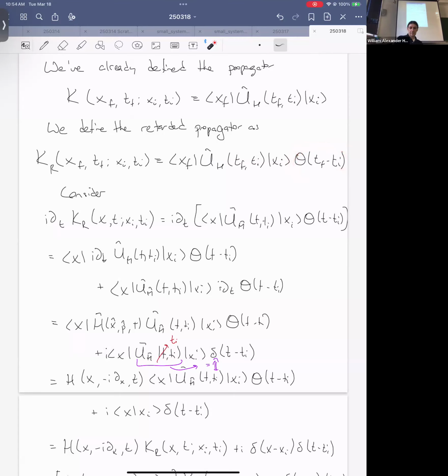You could split up the propagator to have two theta functions, and say, hey, my propagator is this thing with a theta function of t final minus t initial plus a theta function of t initial minus t final. I don't know that there's much utility in that. We're going to want to work with Green's functions that correspond to physical setups that we're interested in.